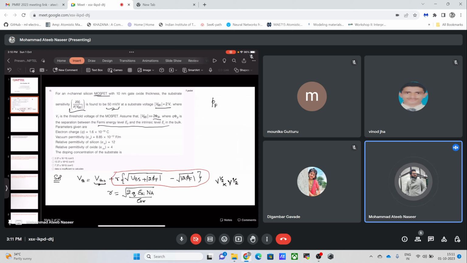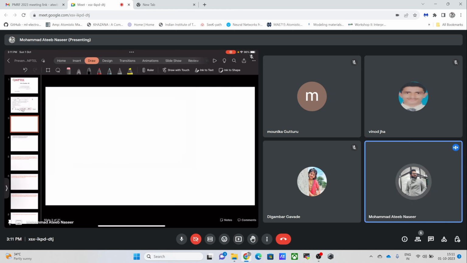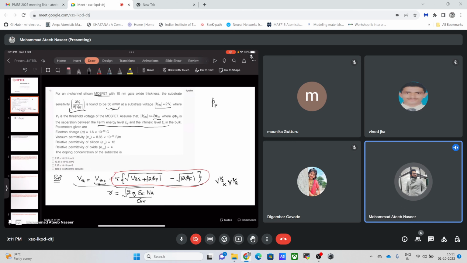So if we differentiate this equation with respect to VBS, it would simply be dVth by dVbs equal to gamma by 2 root of VBS plus 2 phi f, because VBS is the variable only, and the rest can be treated as constants.